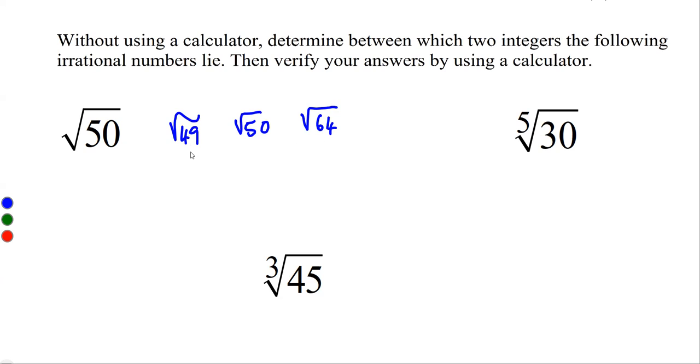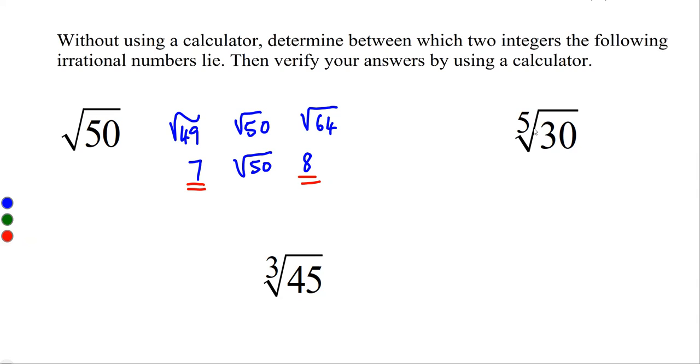So here, root 49 is 7, and root 64 is 8. So it's between 7 and 8. Okay. Now, let's look at the next one here.